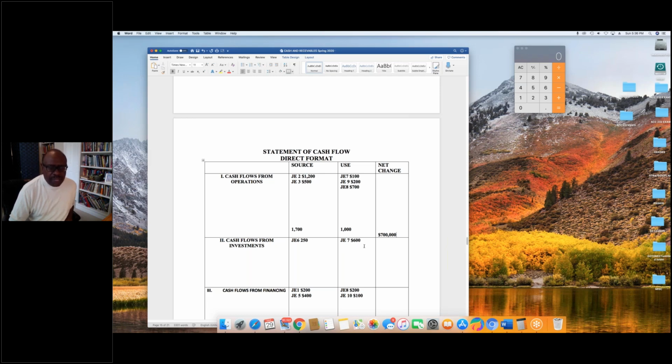From investments, we had 600 that we bought, 250 that we sold. So that's going to be 350.